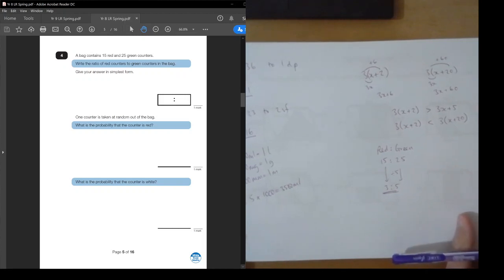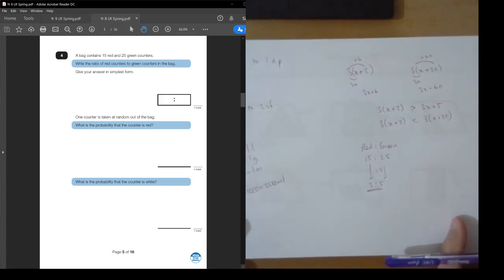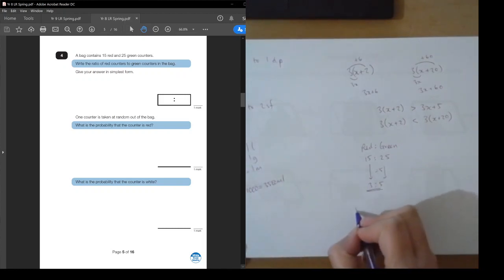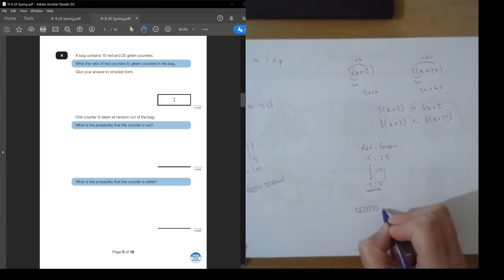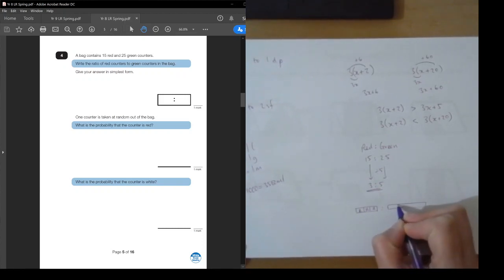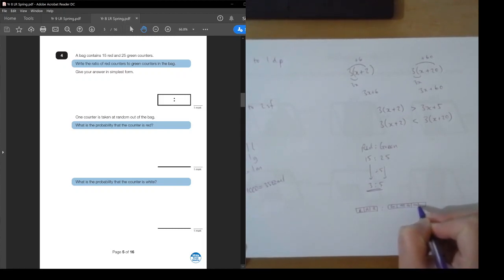Okay, then it says one counter is taken at random out of the bag. What is the probability that the counter is red? So there are a couple of different ways of doing this. You could look at this grouping and say, well, this is red, this is red, this is red. And then you would say, well, this is green, this is green, this is green, this is green.